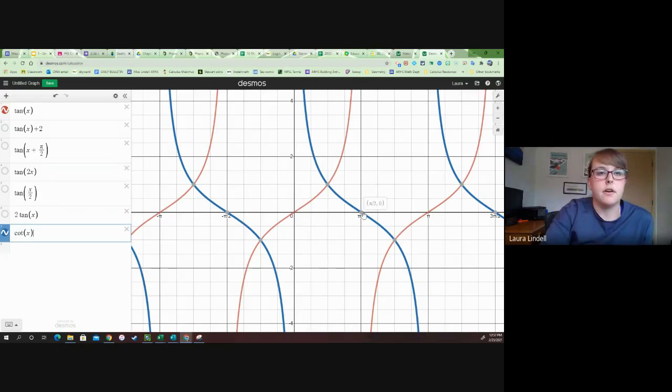And it shifts it, so I mean, the starting points, it's still got the same period, the standard period of pi, but it's going in the other direction this time. And those points of inflection, our standard location is at every pi over 2 plus pi.